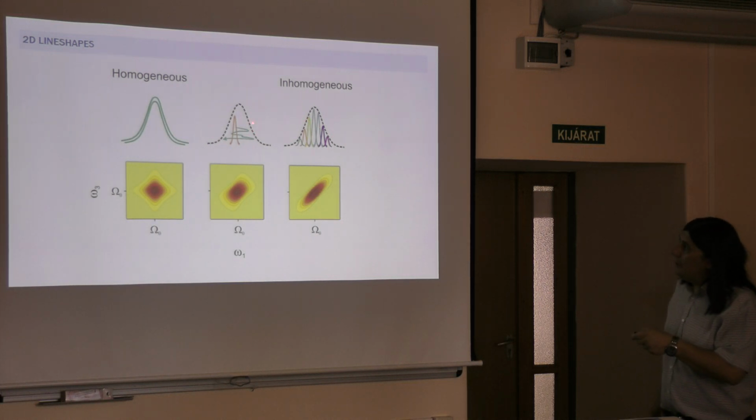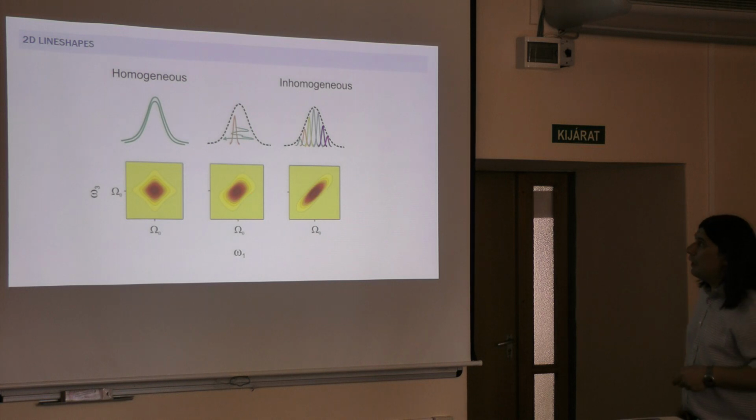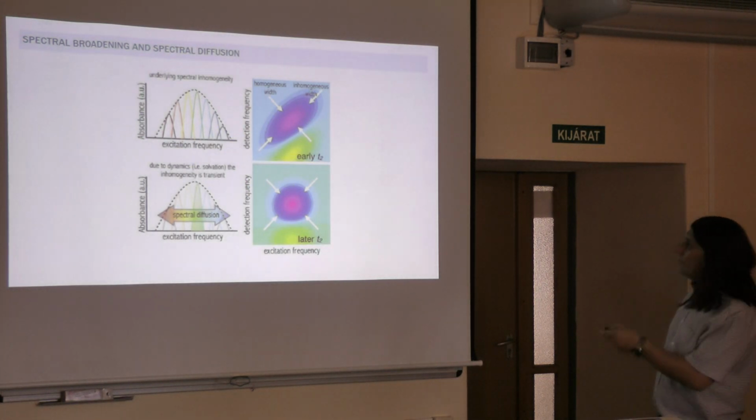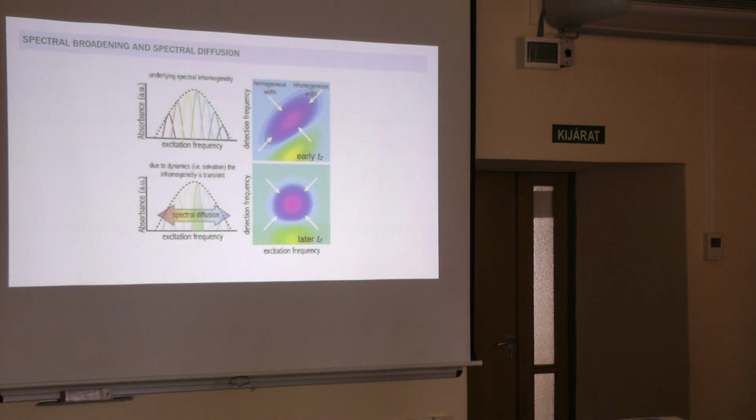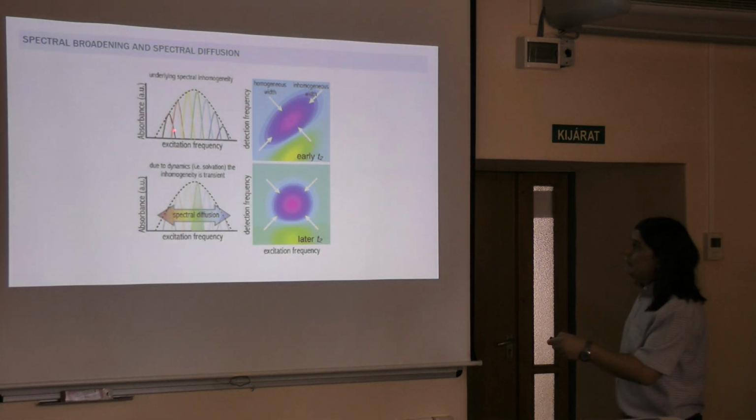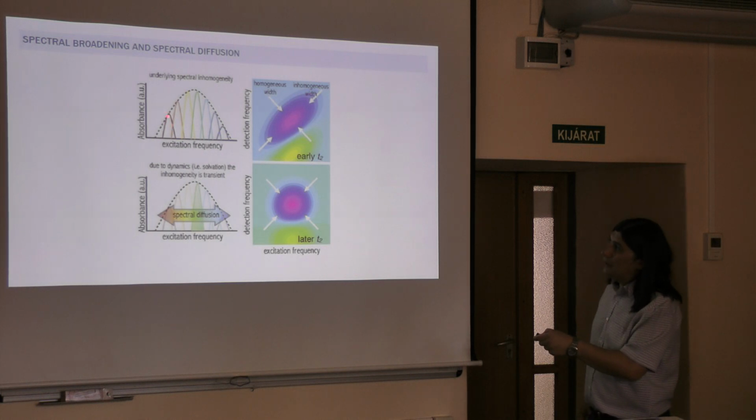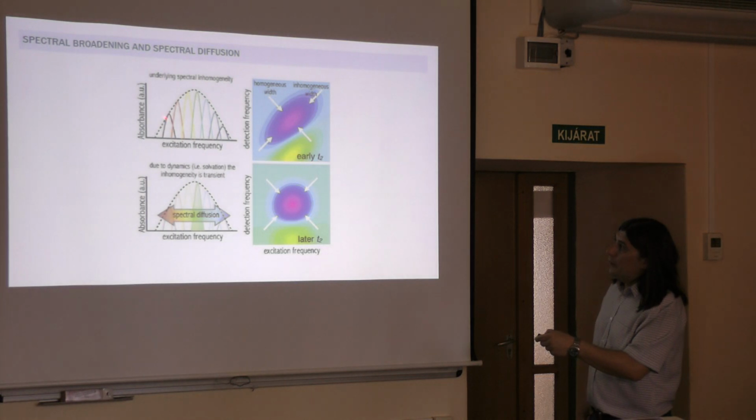In reality, we have something in between, first of all, so we can quantify that. But also, this is not static, it's dynamic, because the energy fluctuates over time. And in fact, we can follow that. This is called spectral diffusion. Let's say we take this one here, the low energy side, it will not stay there forever.